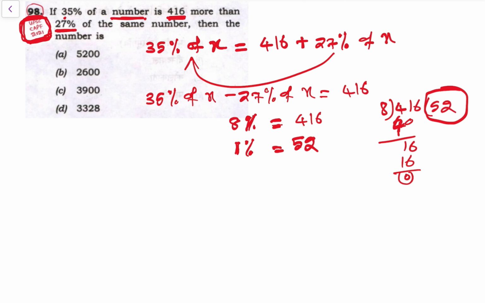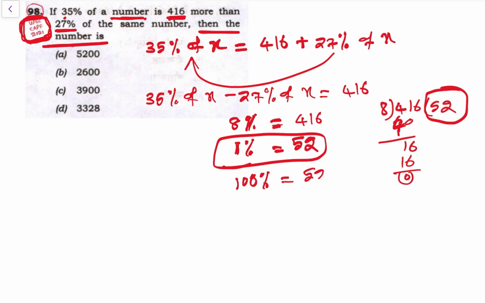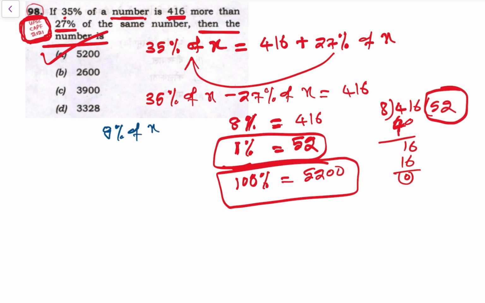If we know 1%, then we need 100%, so multiply by 100, that is 5200. Otherwise, we can also write 8% of x is equal to 416, that is 8 by 100 into x is equal to 416.